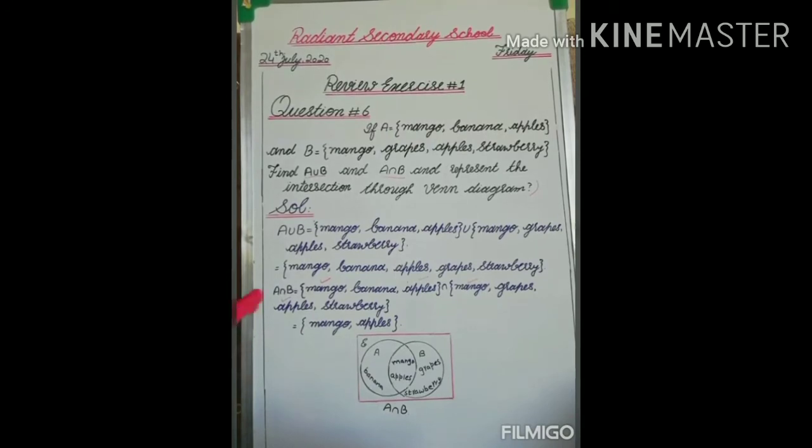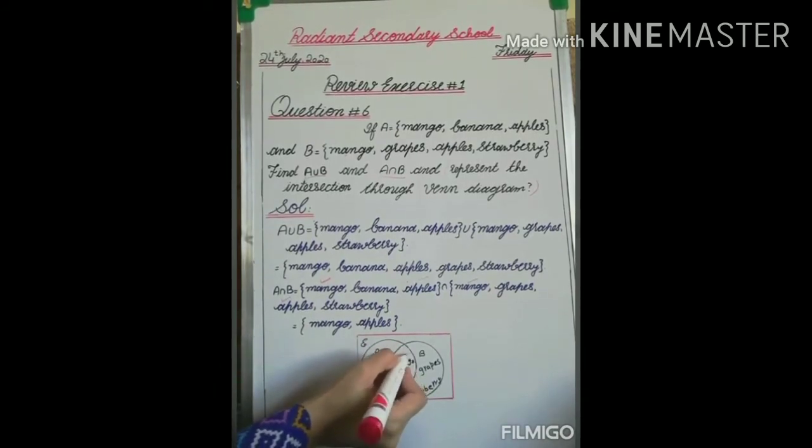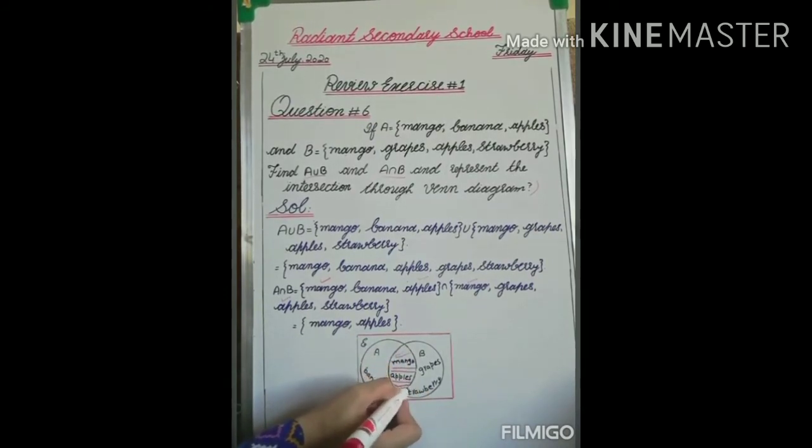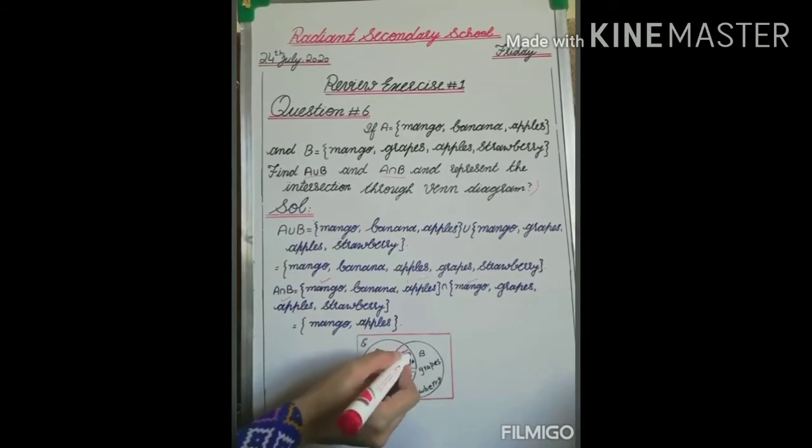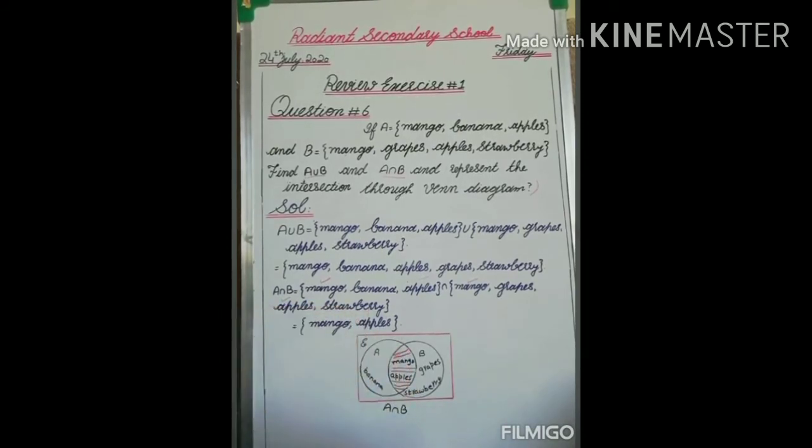So sets A and B are overlapping sets, so you will draw overlapping circles like this and write the common elements in the overlapping portion, and you will have to shade this portion because we represent the intersection through a Venn diagram like this, right? And write the remaining elements of set A in the set A circle and the remaining elements of set B in this portion.